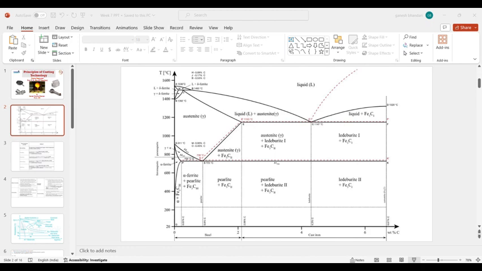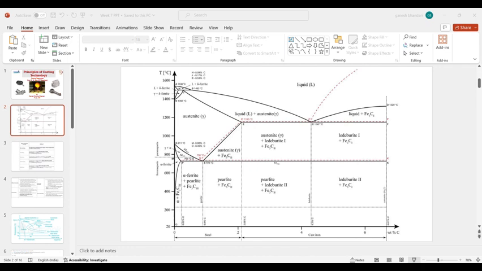It contains a carbon percentage of around 0.8%, not more than that. If you need some ductility and hardness at the same time, we generally go with a carbon percentage of 0.23 to 0.8%. Generally, in TMT bars, you can find a carbon percentage of around 0.3 to 0.35%, not more than that.